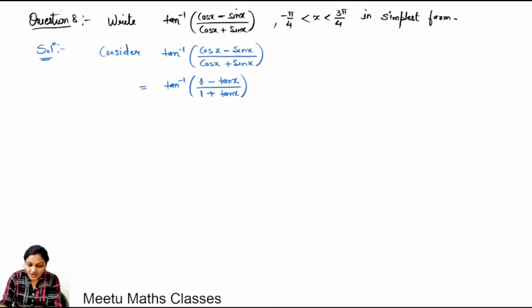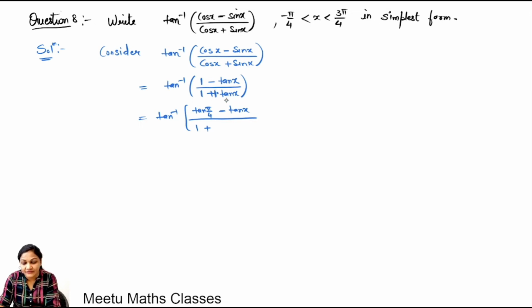Now this 1 can be written as tan pi by 4, minus tan x, upon 1 plus. Here also we can multiply any function by 1, and 1 can be replaced by tan pi by 4.